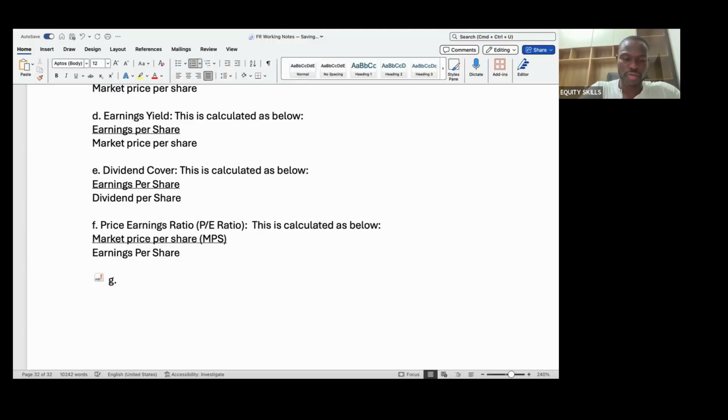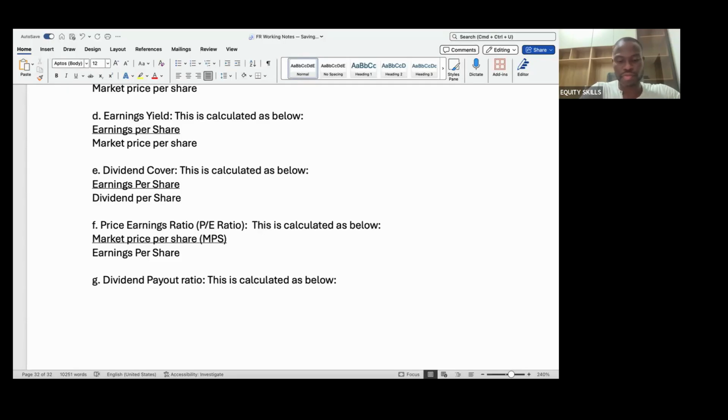So we have dividend payout ratio, which measures the proportion of earnings that is paid out as dividend. And this is calculated as below.